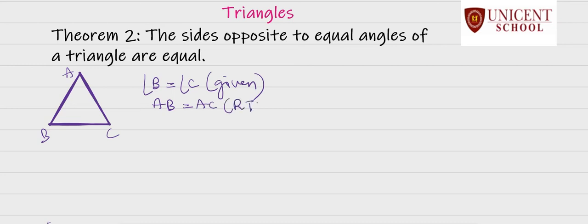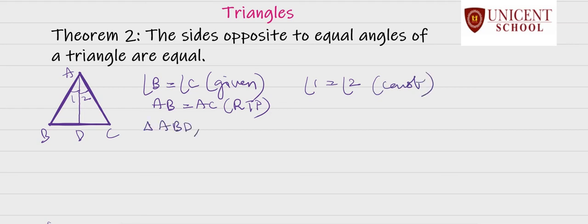This is our RTP. So to get the required proof, as we have done in the first theorem, we have to do a construction, that is, AD such that it bisects angle A. So I'll be getting angle 1 equals angle 2. This is based on our construction. Now I'll compare the two triangles ABD and ACD.